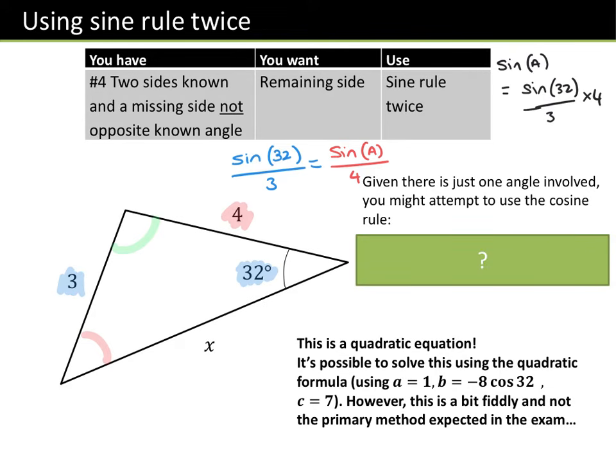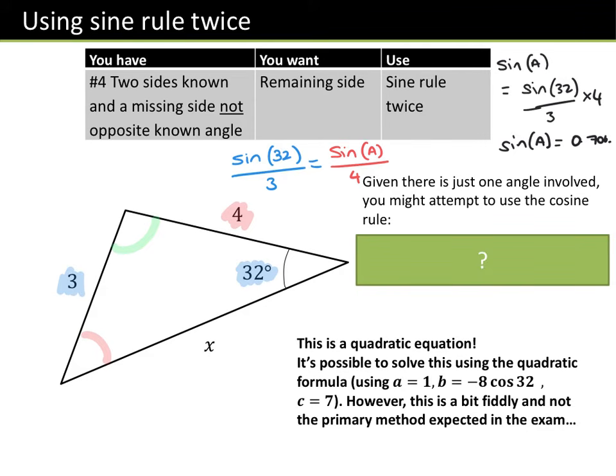Okay, so I put that into my calculator. 4 times sine of 32 over 3 is going to give me sine of A equals 0.706, and so on.